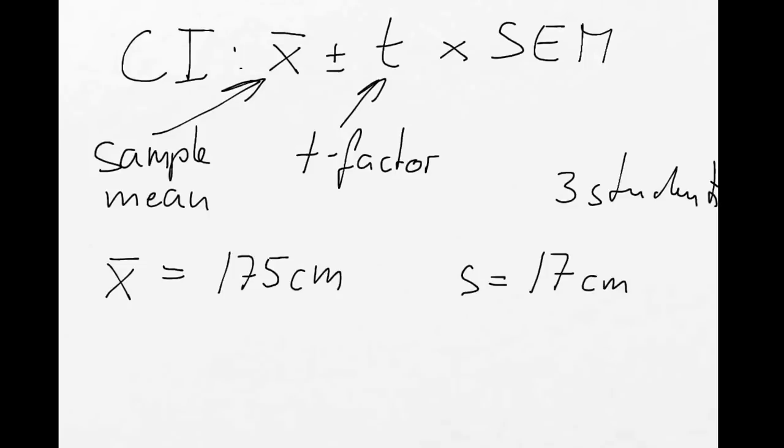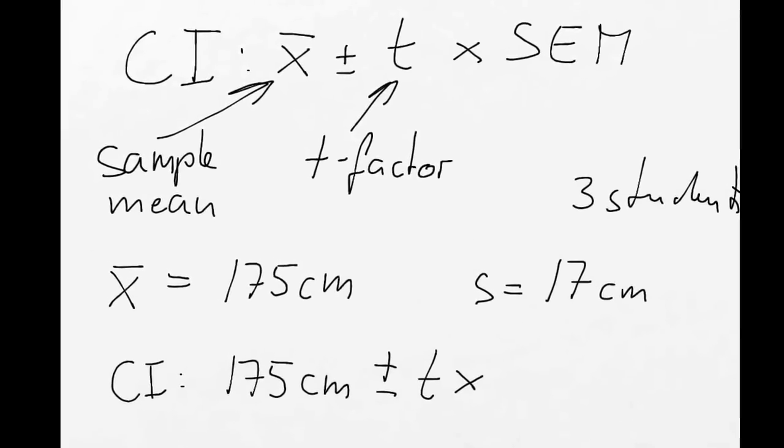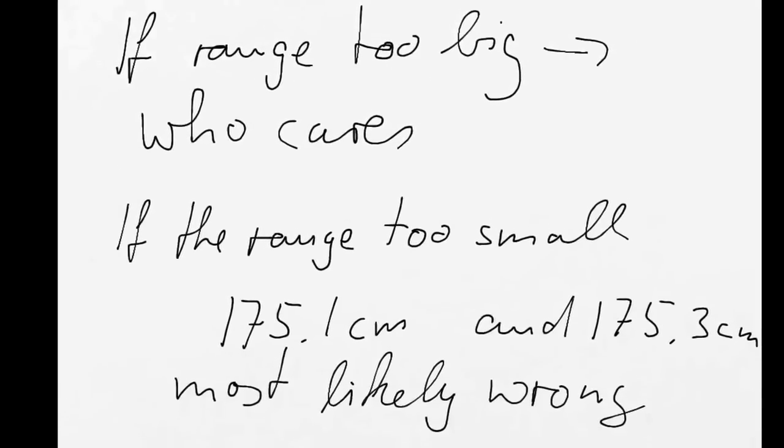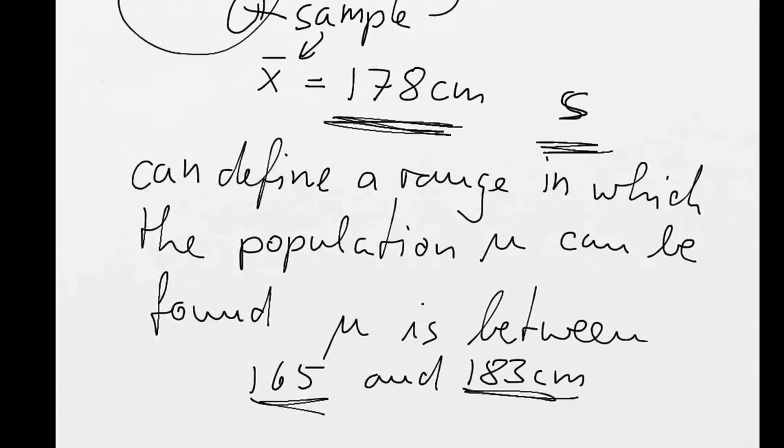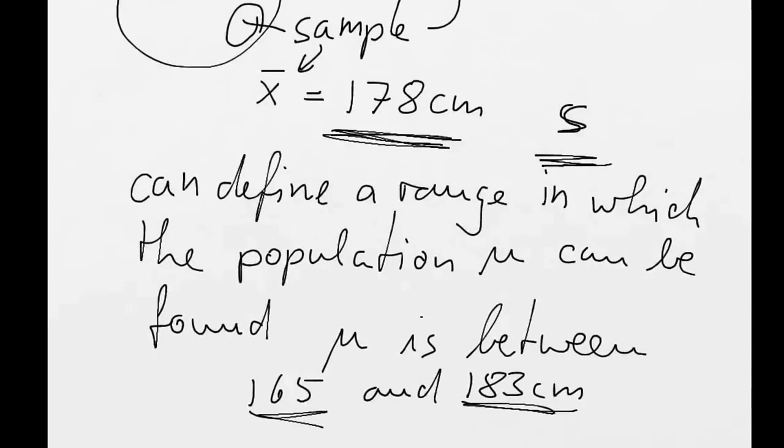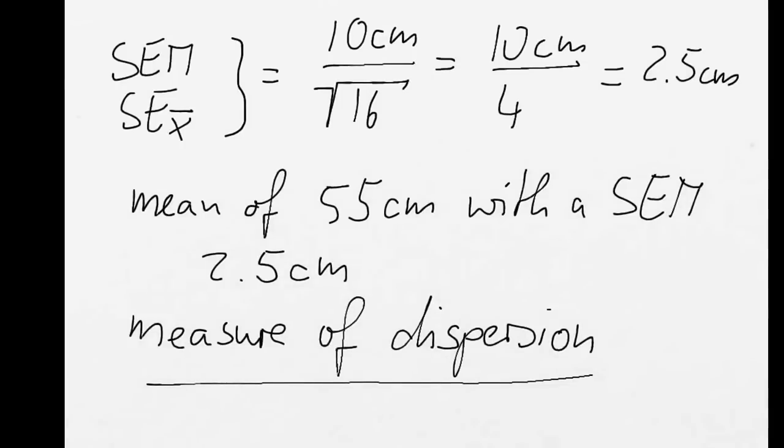So, we have the confidence interval, x bar, that's 175 centimeters, plus minus this t factor, times, and now we need to do the standard error of the mean. And if we go back, I showed you here what the standard error of the mean is.